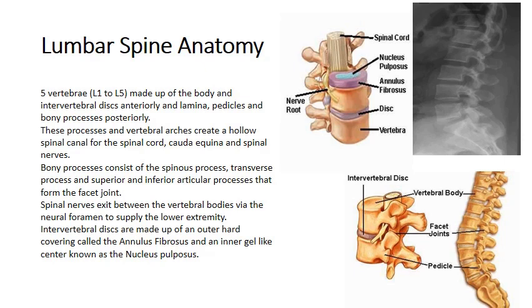Intervertebral discs are made up of an outer hard covering called the annulus fibrosus and an inner gel-like center known as the nucleus pulposus. If you look at the picture on the top left, you can see the purple hard outer covering of the vertebral disc, that's the annulus fibrosus, and you can see the blue gel-like center, that's the nucleus pulposus, and this together makes up the intervertebral disc.